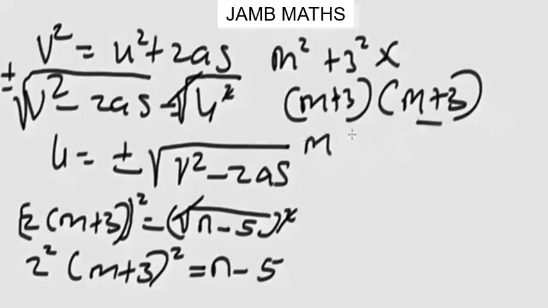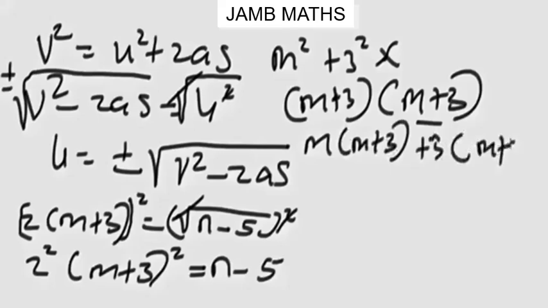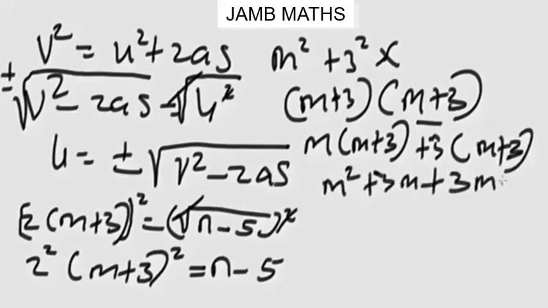Basically what I did was m times m plus 3, plus 3 times m plus 3. So when you break this down, it's going to give us m square plus 3m plus 3m plus 9. Now correcting like that, we're going to have m square plus 6m plus 9.